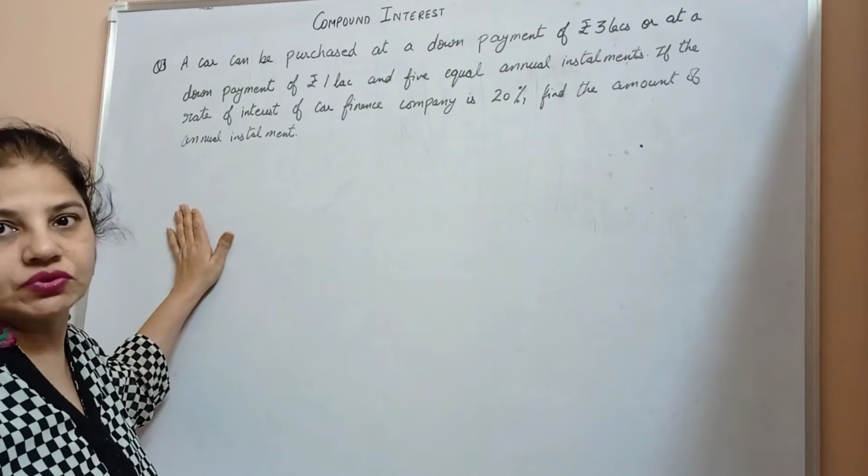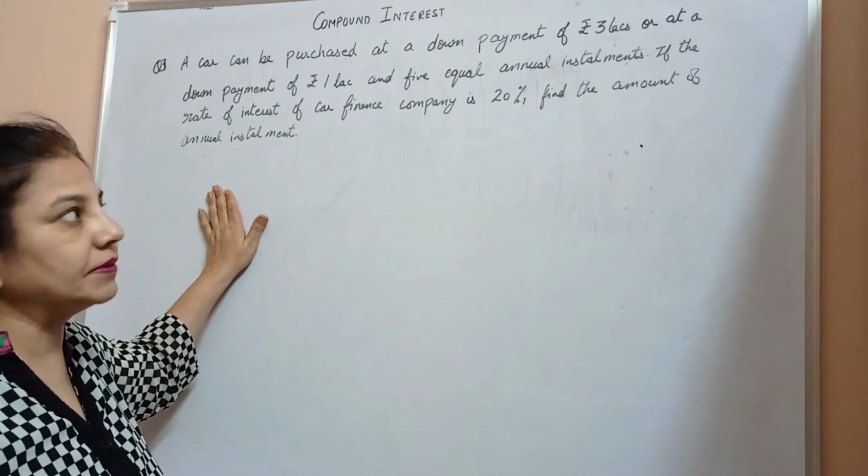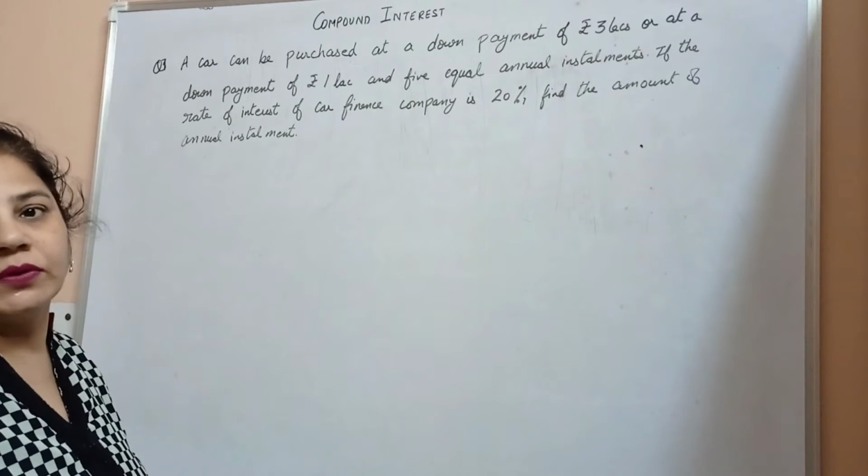A car can be purchased at a down payment of 3 lakh rupees, or a down payment of 1 lakh rupees and 5 equal installments. If the rate of interest of the company finance is 20%, find the amount of annual installment.